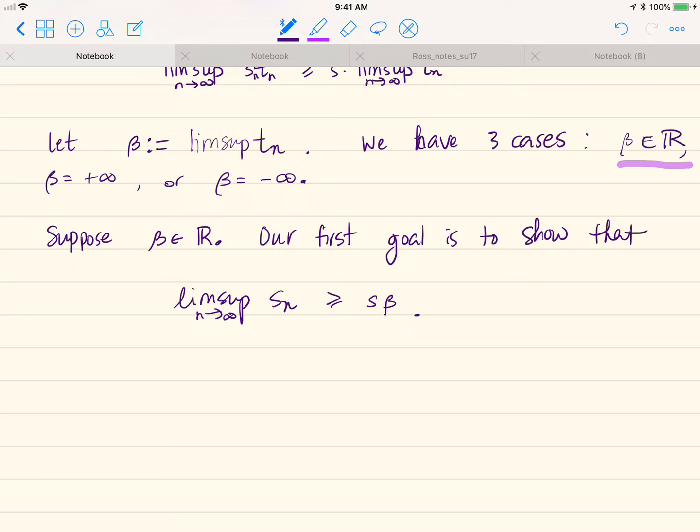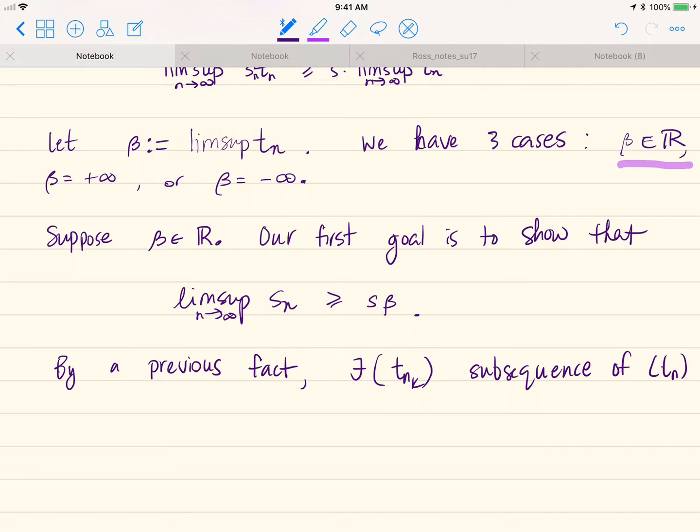By a previous fact from section 11, which I think we covered in class on Thursday, there exists a subsequence T sub n_k of Tn such that T sub n_k converges to beta as n_k goes to plus infinity.